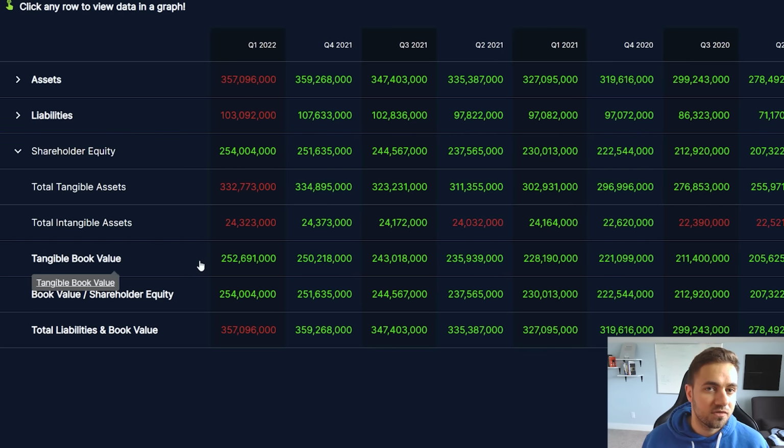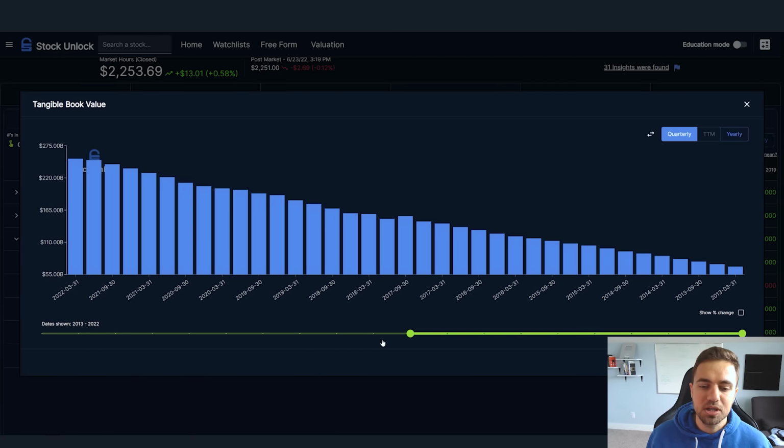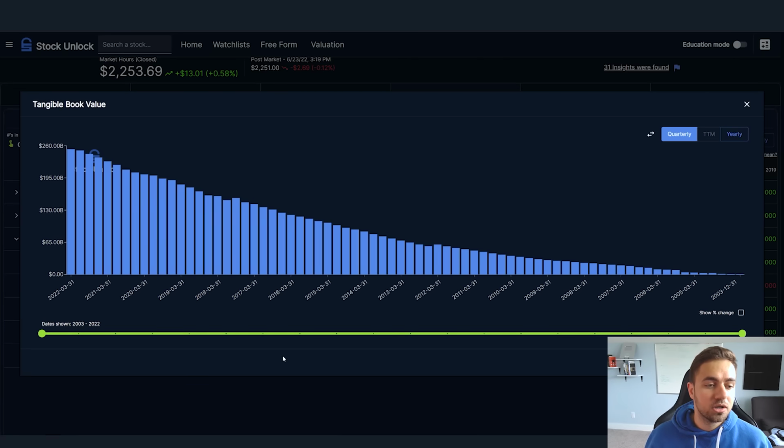This is what a lot of investors, again, like Warren Buffett and myself, really like to pay attention to, because again, it removes those phony assets from the balance sheet, and it can show you a better indication of how many total tangible real assets that company has. And really what investors are looking for here is for the tangible book value to grow along with the shareholder equity. If we actually take a look here at Google, we can see that over the past 20 years, Google has been consistently growing its tangible book value.